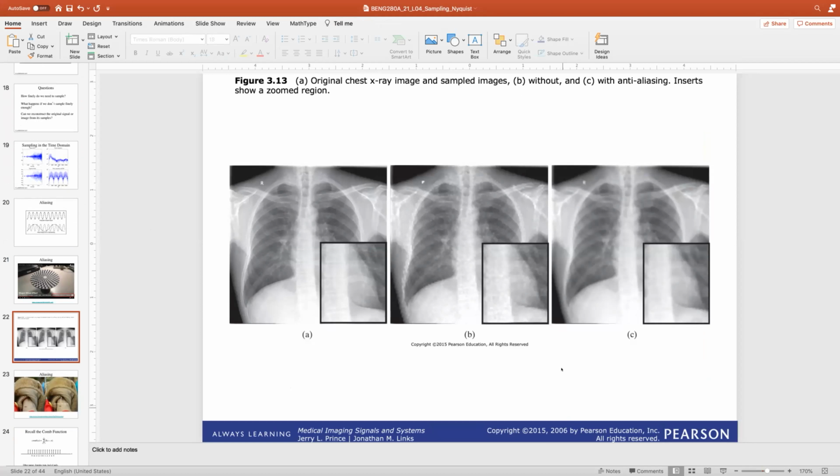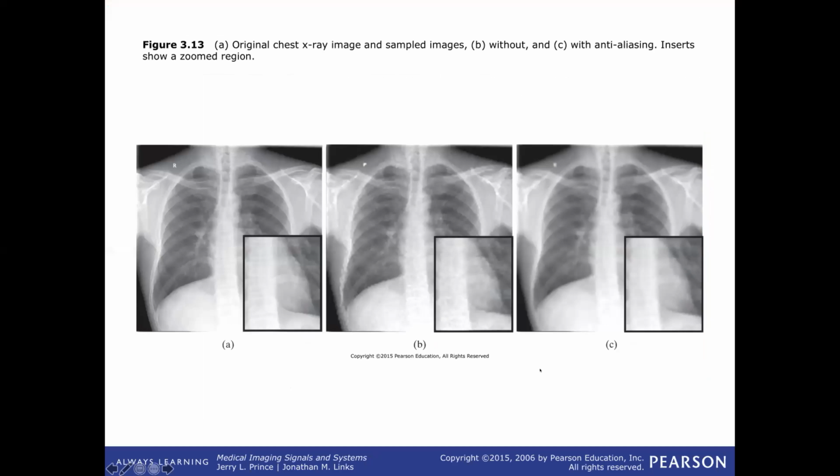This is an example from the textbook of aliasing, and it's a very subtle example. I'm not sure you can see it on the screen, but you'll be able to see it in your PDF file. In the early days of digital imaging, they had a lot of analog films in the radiology department, such as a chest x-ray, and they would feed the film through a digitizer in order to keep a digital copy of that image.